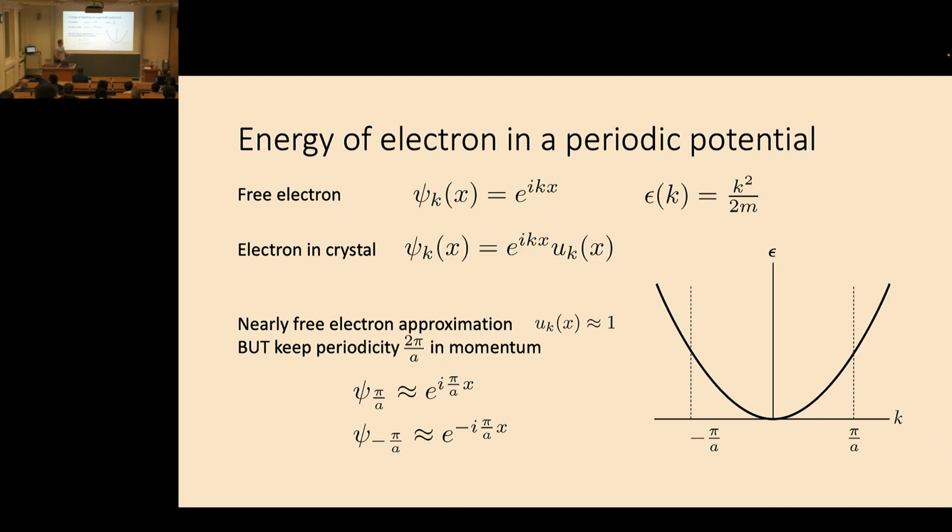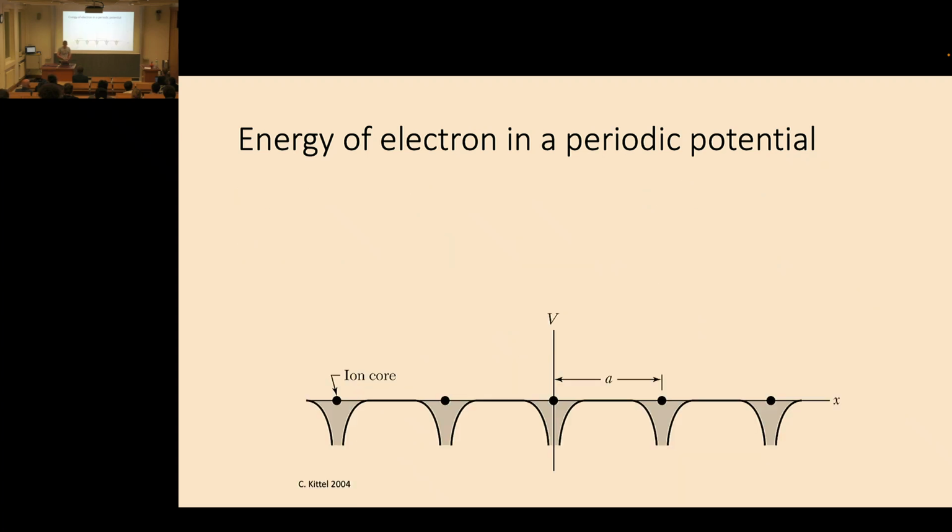And if we take the states at the edge of the Brillouin zone, we can combine them to form standing waves, which are a physical representation of the time-independent solution for an electron.